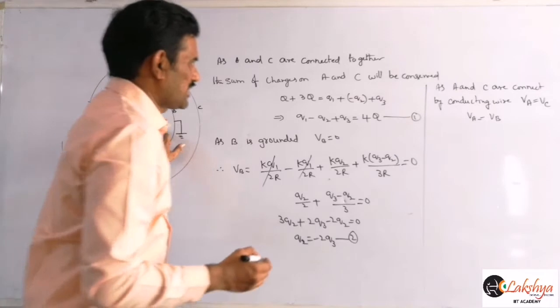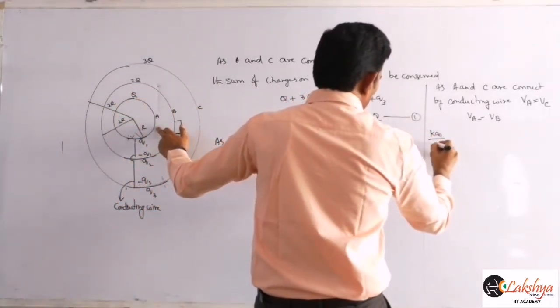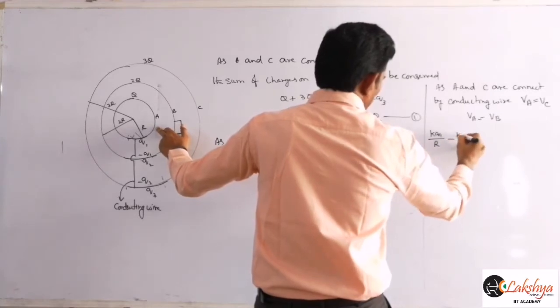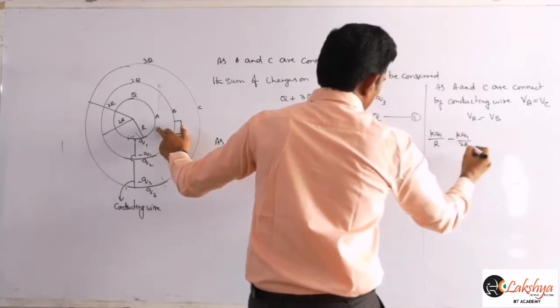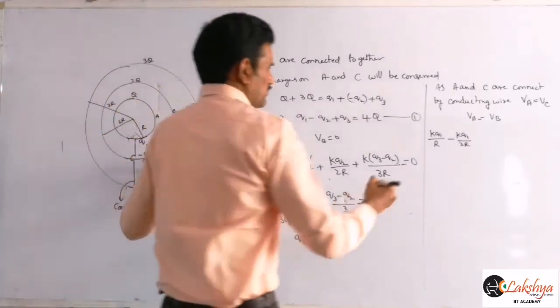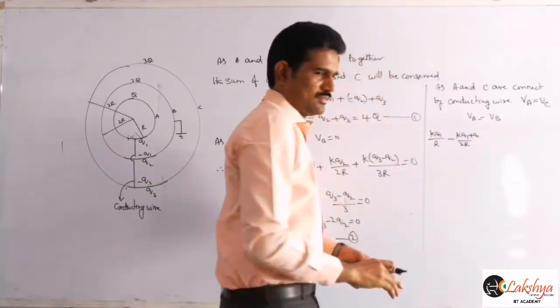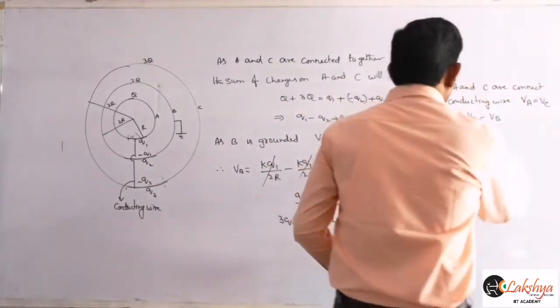Due to that Q1 charge, K Q1 by R minus K Q1 by 2R, and due to this charge, here I can write Q1 plus Q2, sorry, the net charge I am directly taking here.